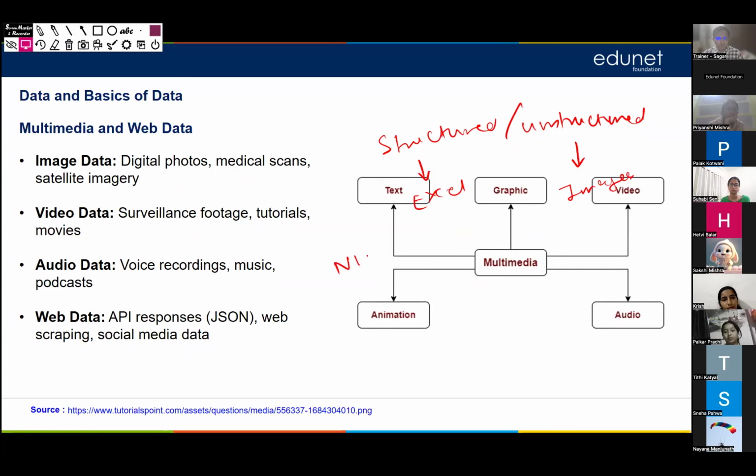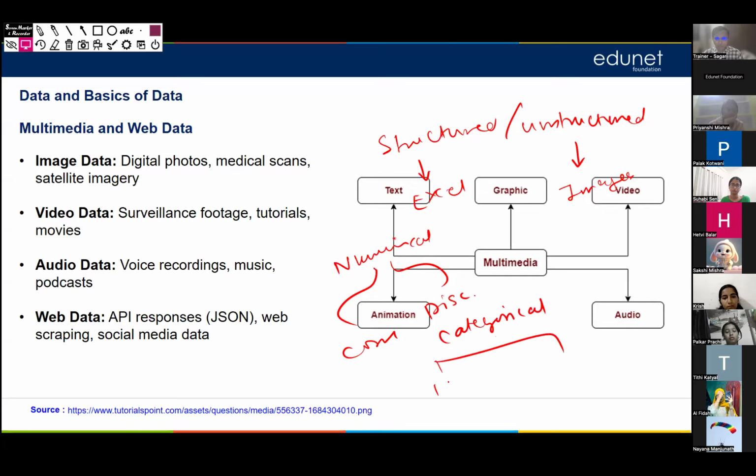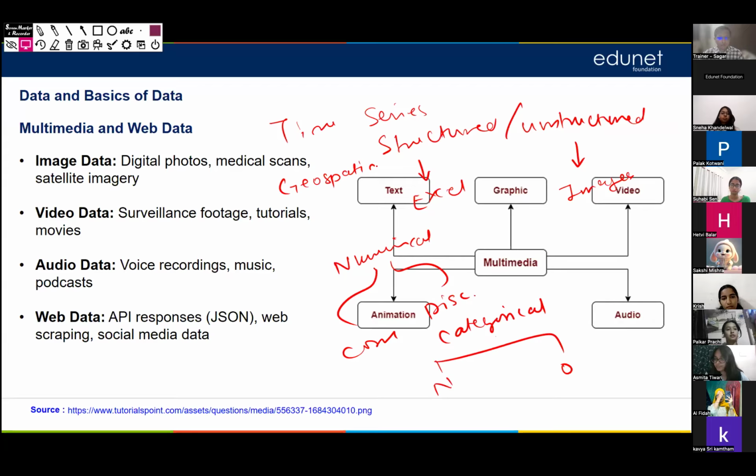After that, we had numerical data, which was broken down into two parts, continuous and discrete. We had categorical data broken down into two parts, nominal and ordinal. Then we had time series and geospatial.